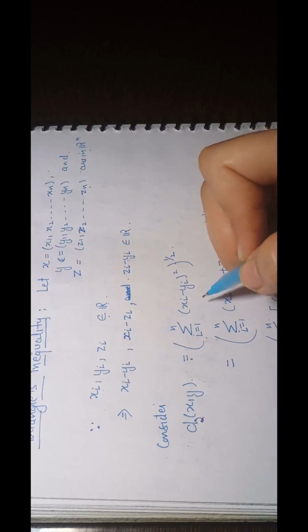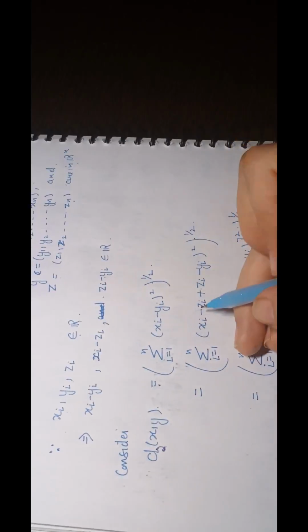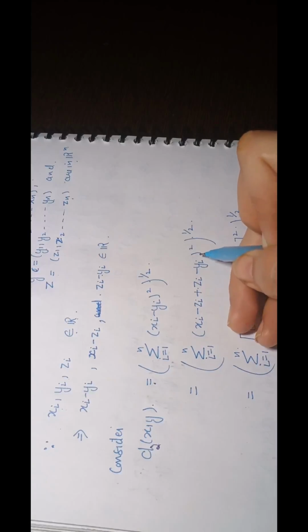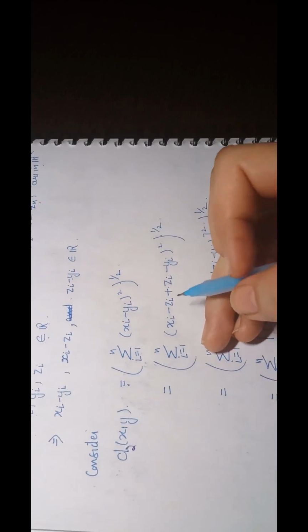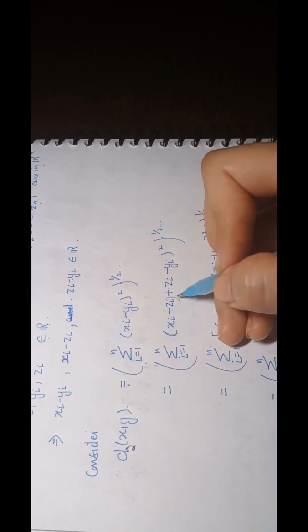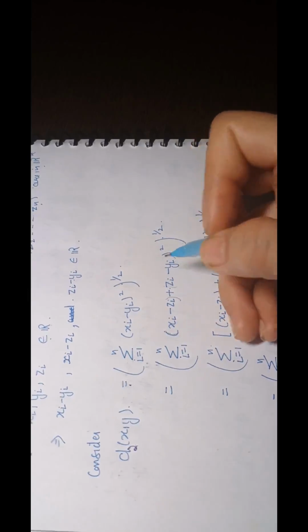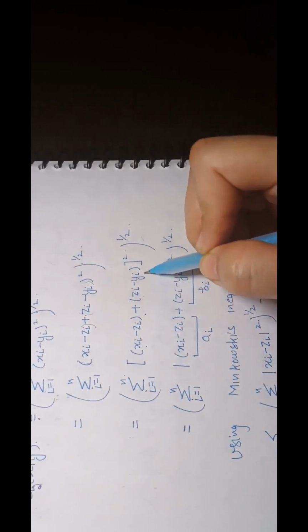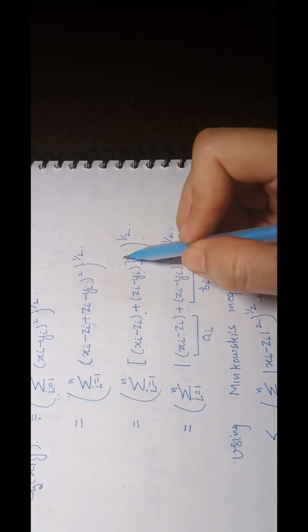Will that make a change? No, that will not. So I can subtract zi and I can add zi. Okay. So now let us write it as one term and the other.